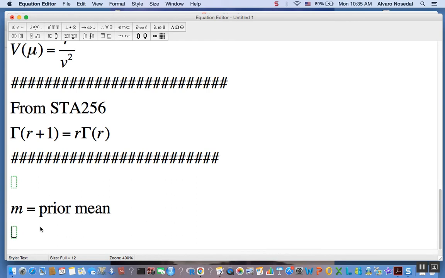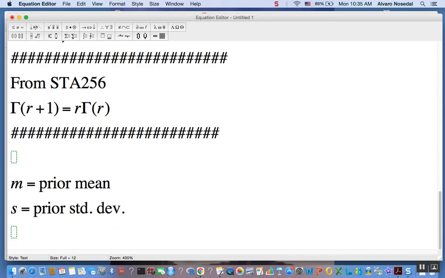And then you also have, let me call that guy S, your prior standard deviation. So the strategy that we're going to use to find our gamma prior is this. We are going to find the numbers R and V that match those two prior quantities, the mean and the standard deviation.